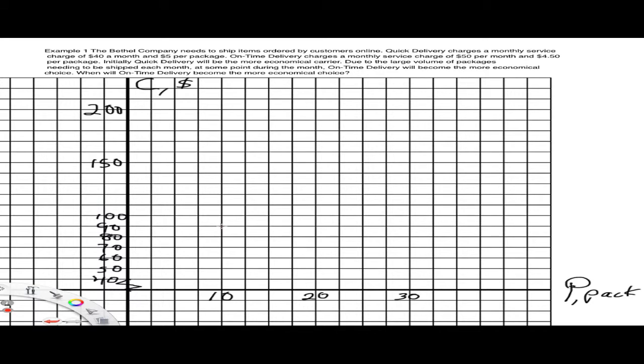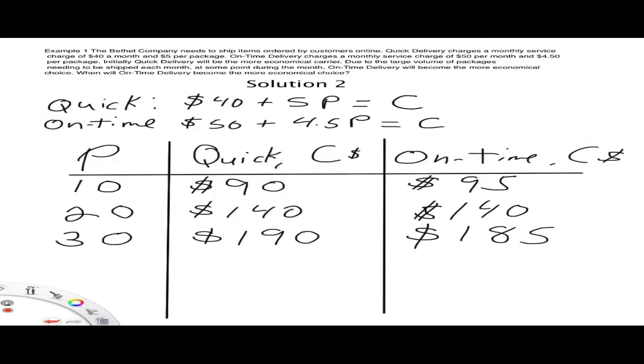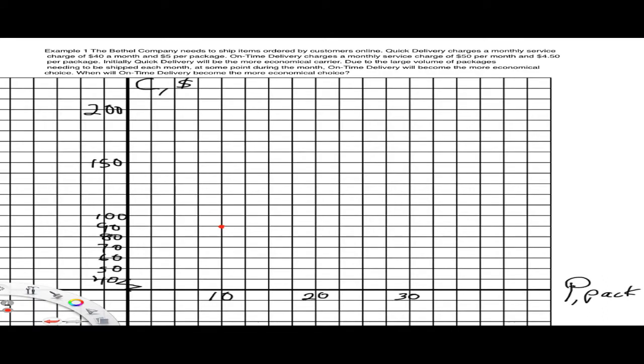And at 10 and 90, yeah, indeed, I've got that one. And I put that in red. And the other one was, let's go with the 30. So 30 and 190.